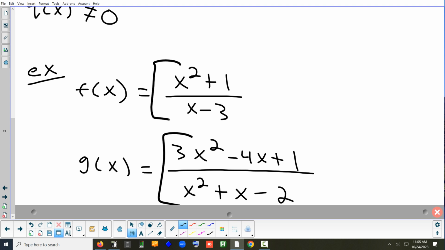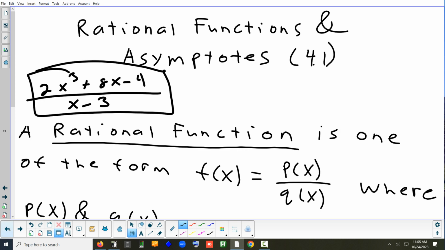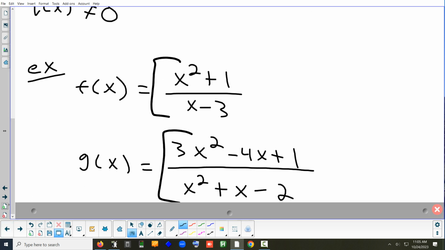Any questions on that? So the domain. Well, it's pretty straightforward. It's a fraction, and the only thing you're not allowed to do with a fraction is plug 0 in the denominator. So the domain is all real numbers, except numbers that would make the bottom 0. Sometimes there's one number that would make the bottom 0, like in this top one, it's just 3.